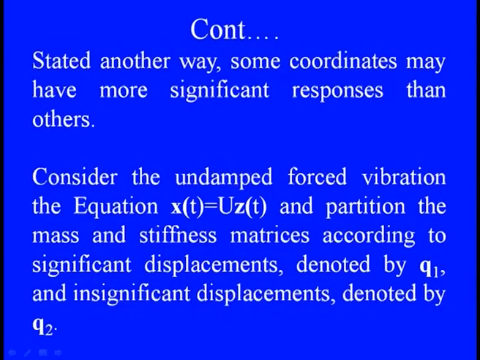Or else some of the coordinates have more significant responses than others. So we can consider the undamped forced vibration, x of t equals u of z t, in which the partition of the mass and stiffness matrices can be straightaway configured with the significant displacement, q of t.